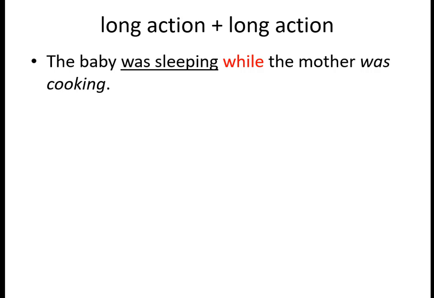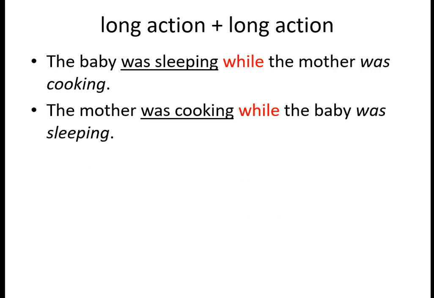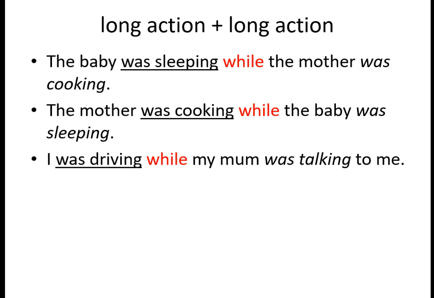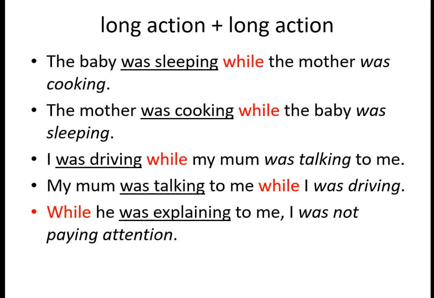The two actions were going on together in the past. The mother was cooking while the baby was sleeping. I was driving while my mom was talking to me. My mom was talking to me while I was driving. While he was explaining to me, I was not paying attention. Now, my dear students, you can try.